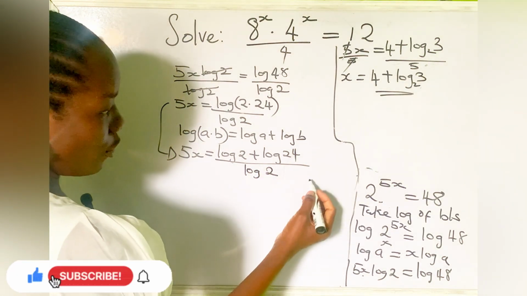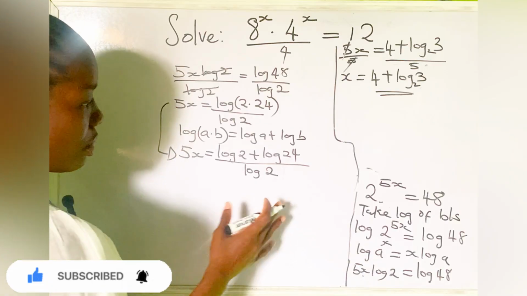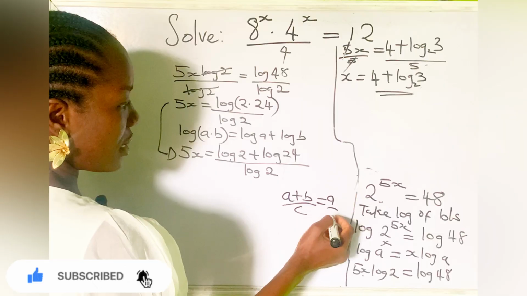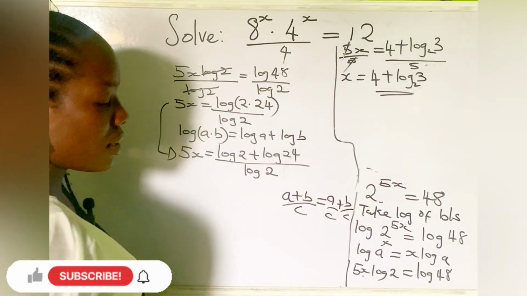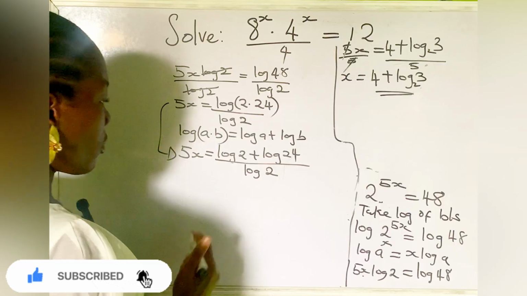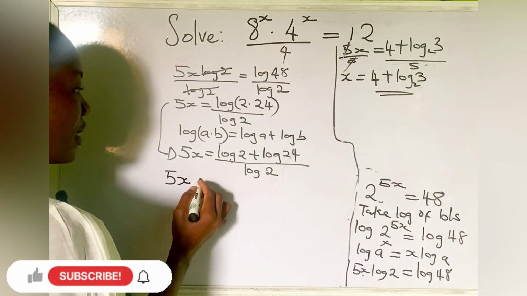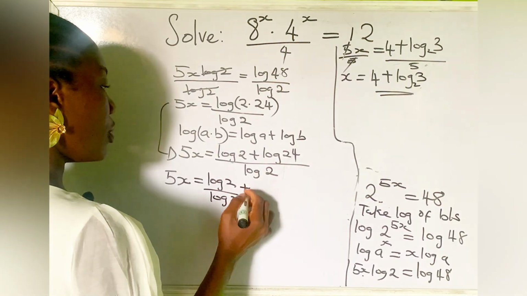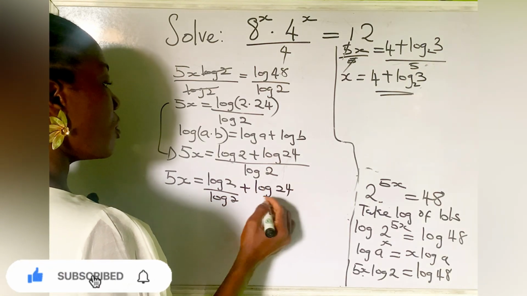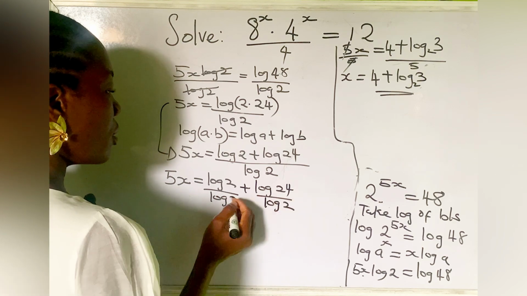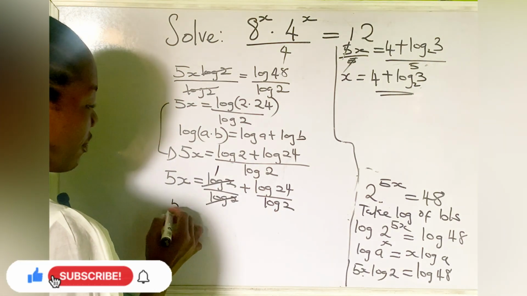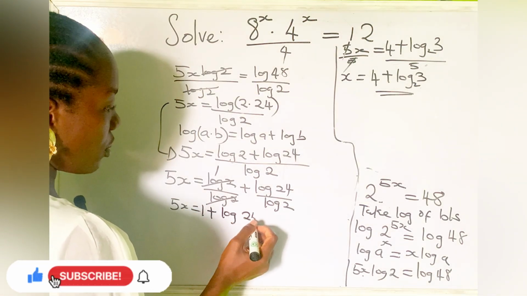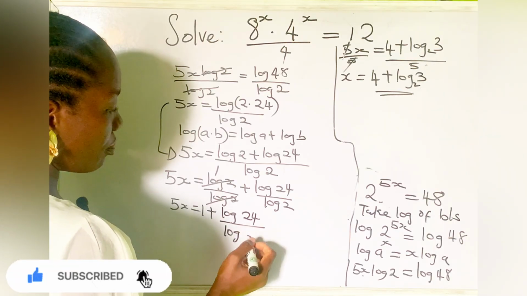Again, I've shared this before, but I'll be sharing it for people who are just joining us from this very point. When you have a plus b over c, it's the same thing as saying a over c plus b over c. So let's apply this. Here 5x is equal to log 2 over log 2 plus log 24 over log 2. This cancels this, so we have 5x is equal to 1 plus log 24 over log 2.